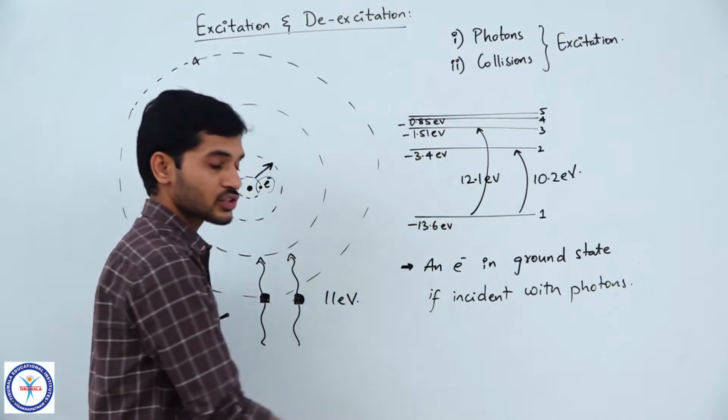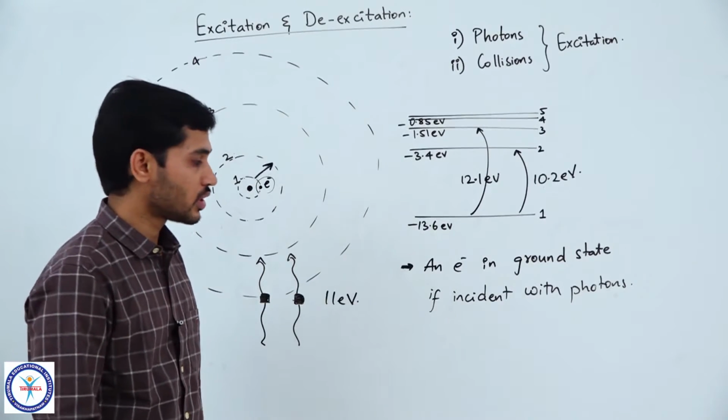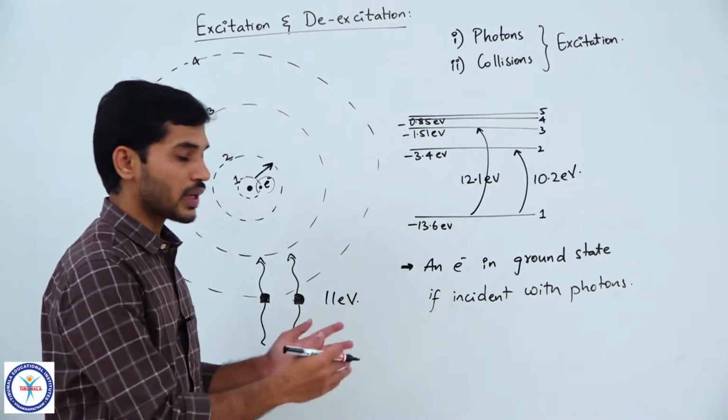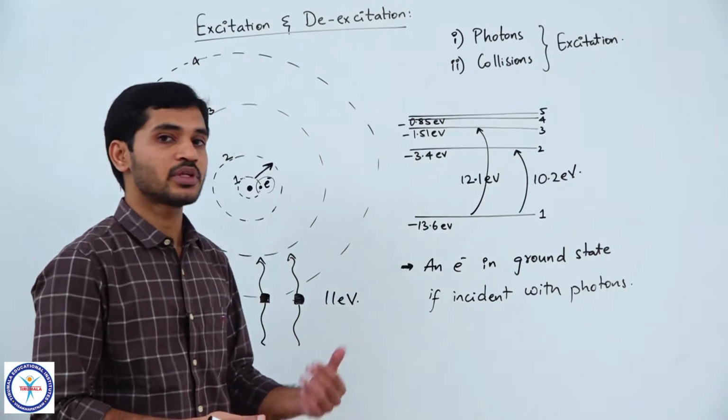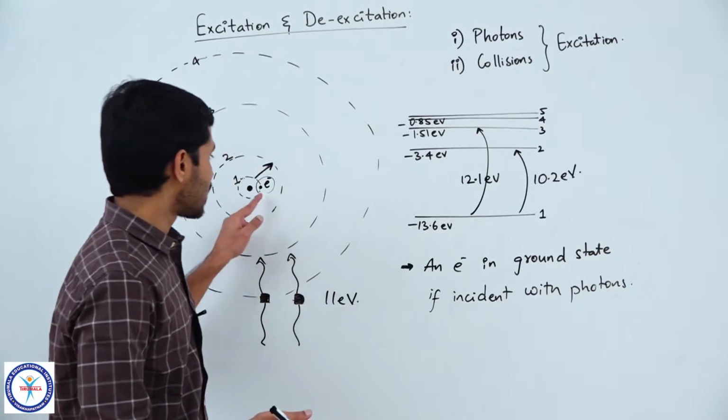So, I will just write down a list of a few photons over here having different energies. I want you to identify which of those photons can be absorbed by the electron which is in the ground state.